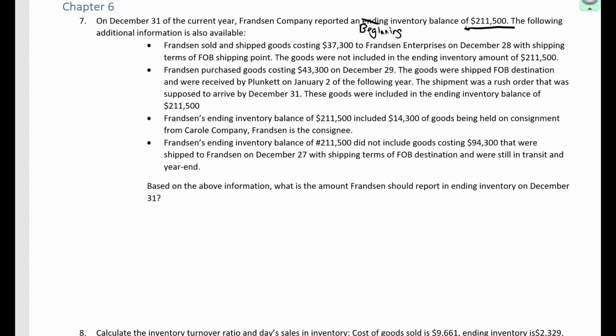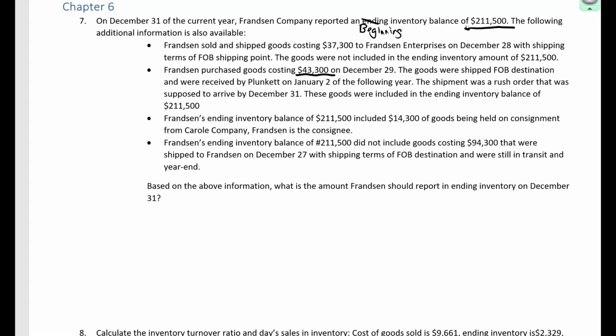Franson sold and shipped goods costing $37,300, and they were FOB shipping point. So they were no longer in ending inventory, so we don't have to worry about that. The goods were not included in any inventory, okay. Franson purchased goods costing $43,300 on December 29th. Those are part of ending inventory.